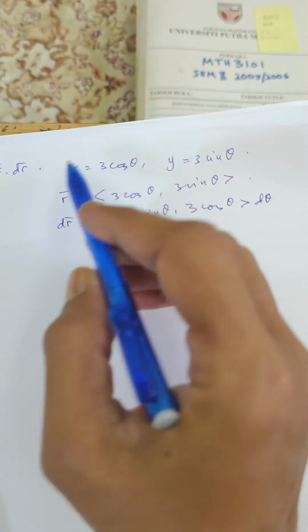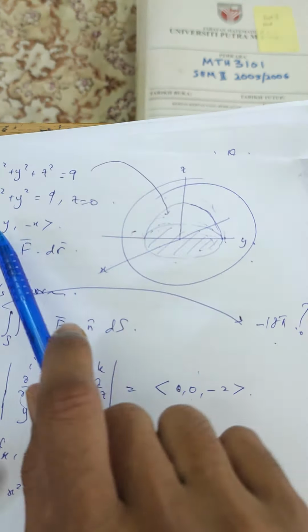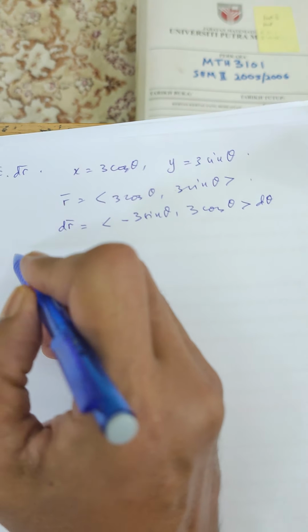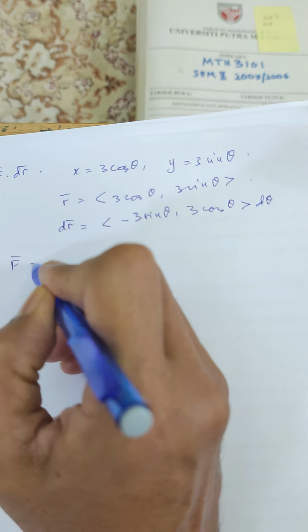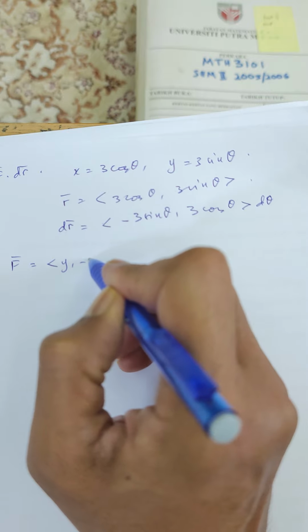Then what about your F? Our F here is given, this is y, negative x.